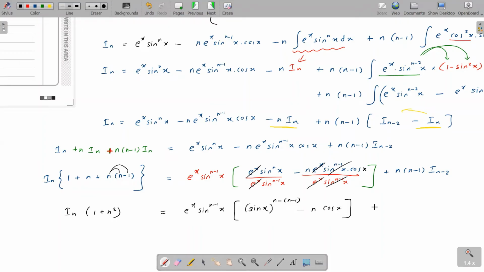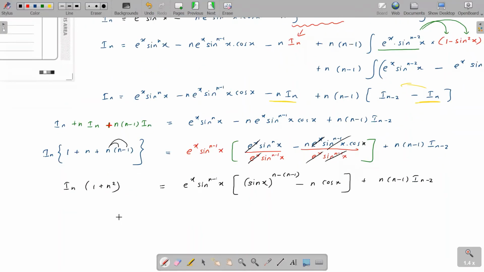Are you with me? Plus, what do we get here? (n minus 1) times I_(n-2). So I think we are almost there with our 'show that', right? I_n equals e^x sin^(n-1) x over (1 plus n squared), or n squared plus 1, as to show that. Inside the bracket, this is sin x to the power n minus n plus 1. Can you see? n minus n plus 1.